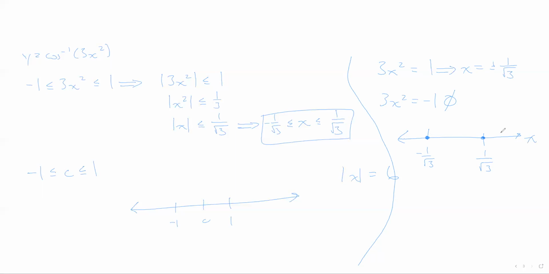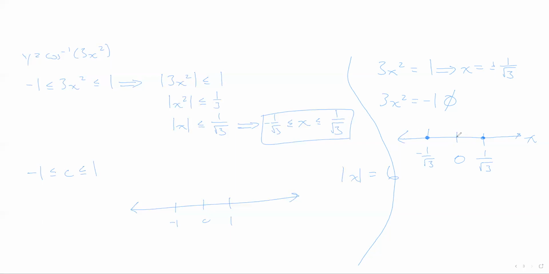So now I got to figure out, is this middle area in the domain? Kind of like what we did in chapter 4 for looking at local extreme points. We can test some values, right? Is 0 inside the domain of my function?